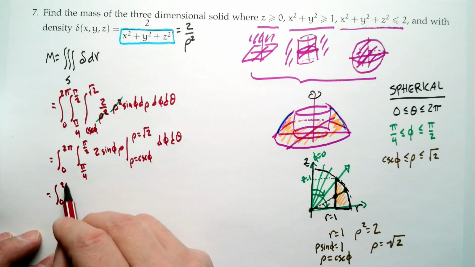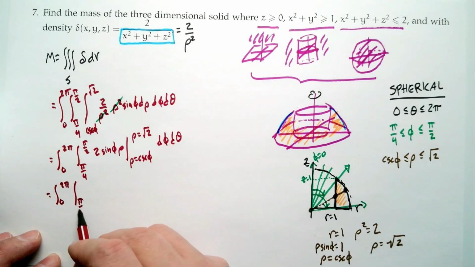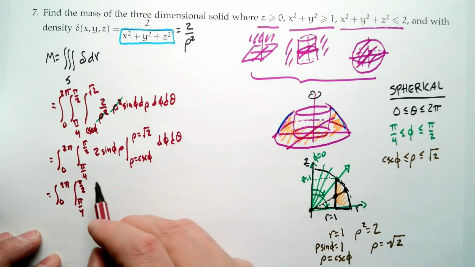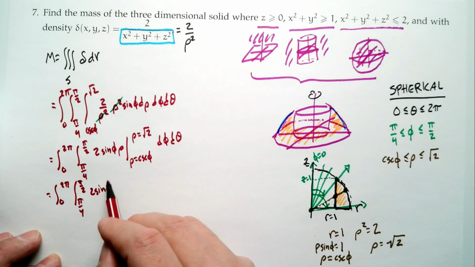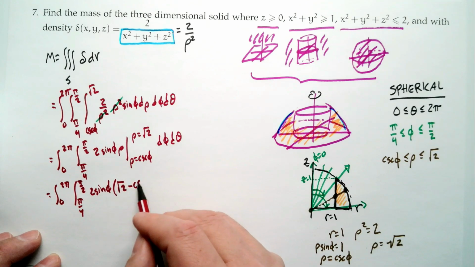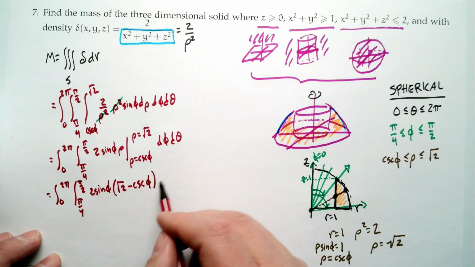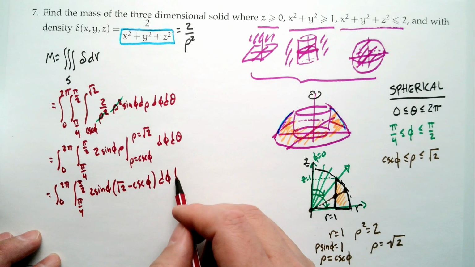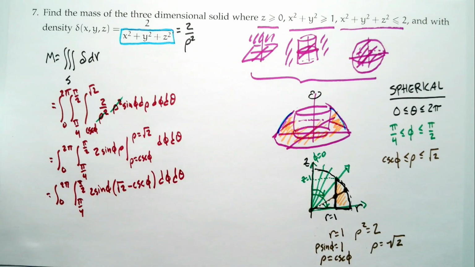So 0 to 2 pi, pi over 4 to pi over 2, 2 sine phi, and then we plug this in, we get root 2 minus cosecant phi. Now this might look like we're not going to be able to make progress here, but the nice thing is that cosecant phi is not as bad as you think. Because remember, there's this 2 sine phi multiplying here.